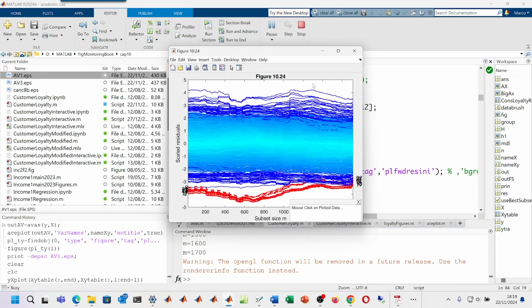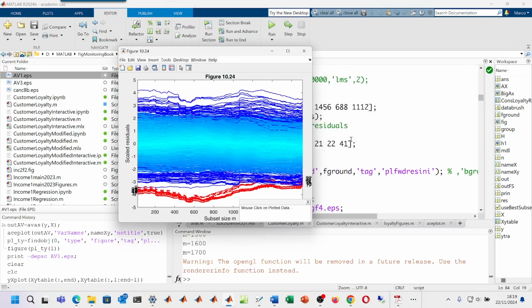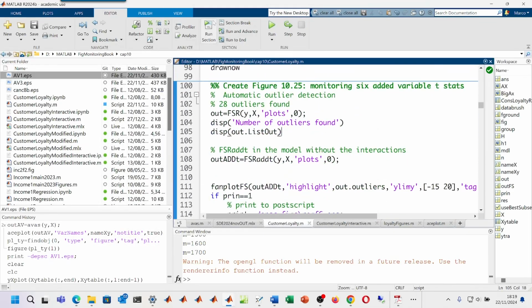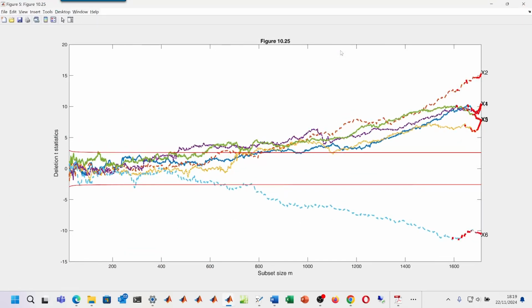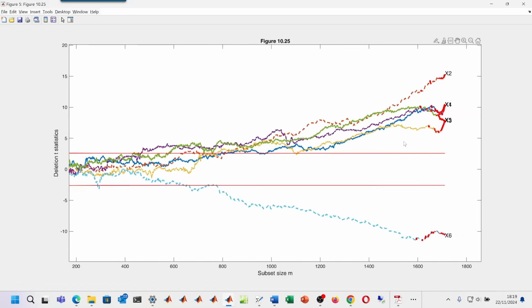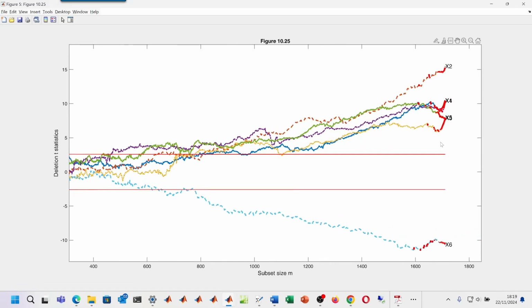Let us look at the monitoring plot of the 6 added variable t statistics to see if these observations are having a strong effect on any conclusions we might draw from the data. Here we are. We can see the effect of them at the very end, but it really is not important.